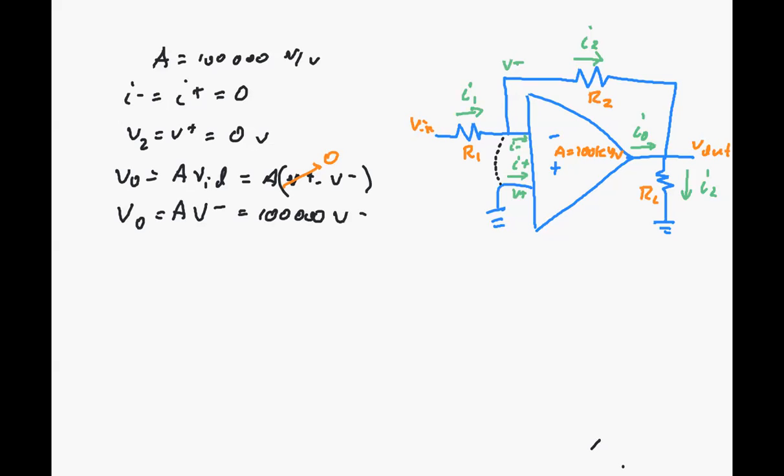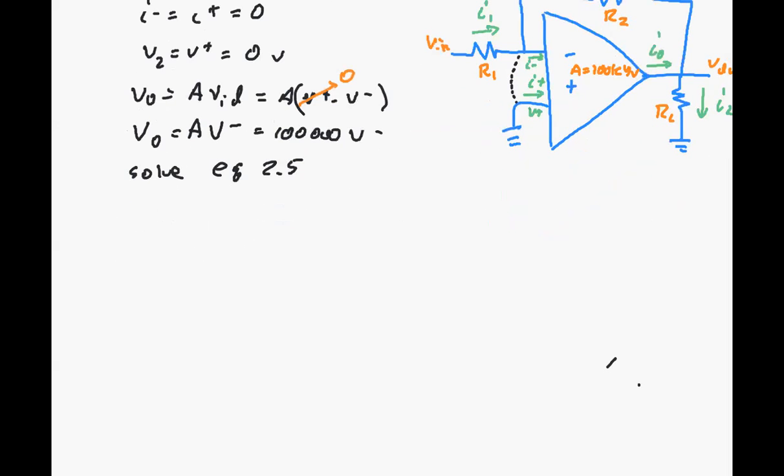Now, the easiest way to solve this, since we have a non-infinite gain, is to use equation 2.5 from the book. That gives us an overall gain G, V out over Vn, equal to minus R2 over R1, over 1 plus R2 over R1 divided by that gain. I have to say what values R2 and R1 have here.